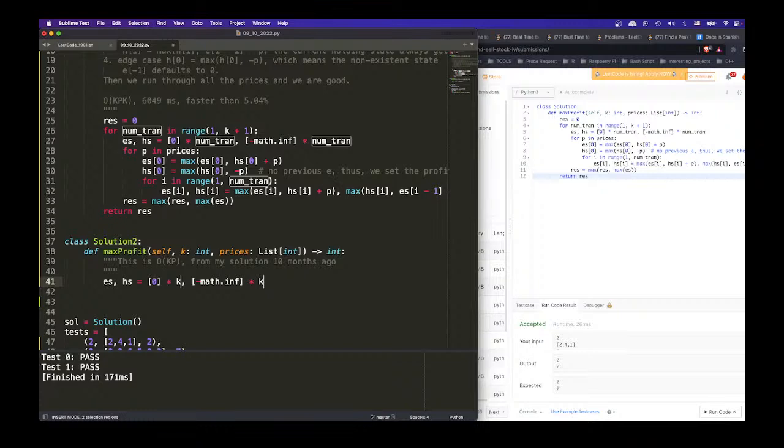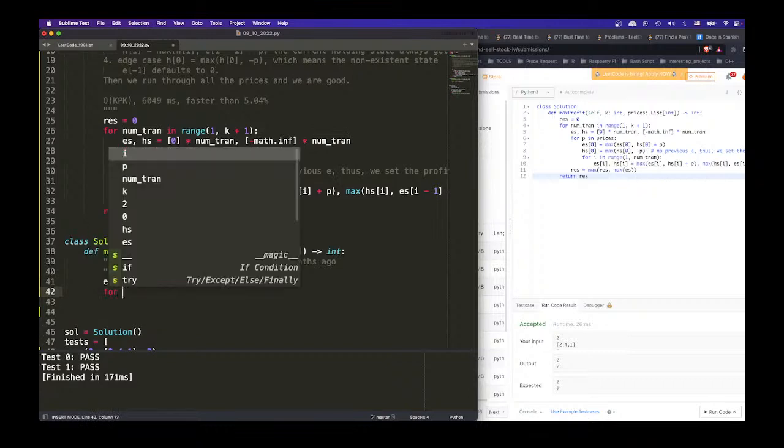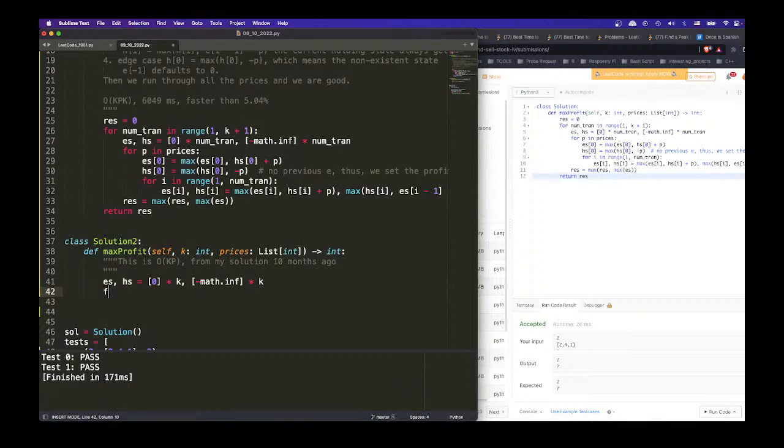transactions, right? And then we say, for at most K transactions, we just go through K transactions.